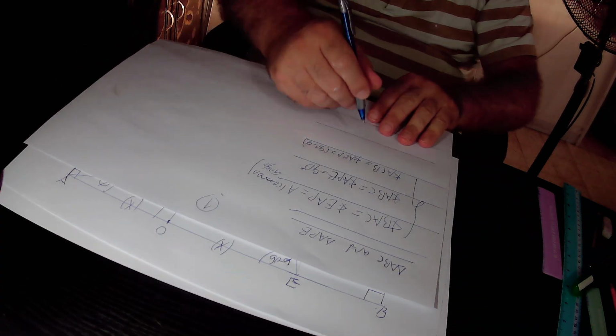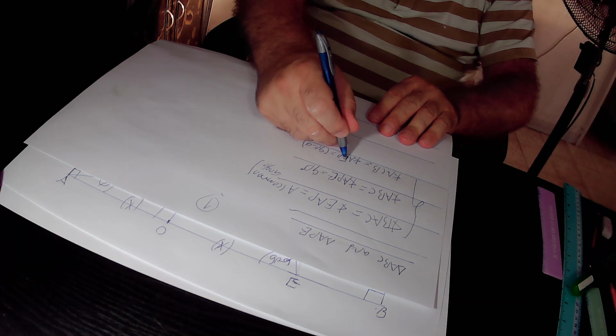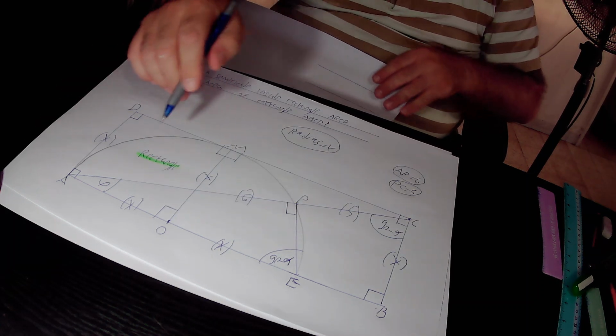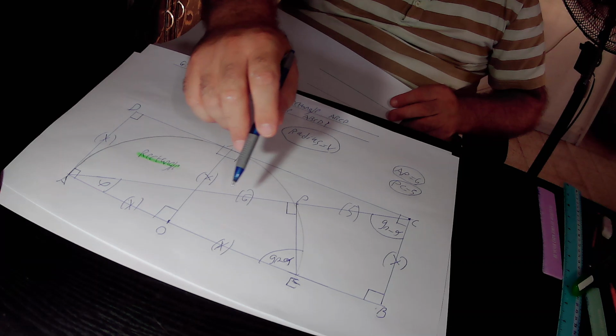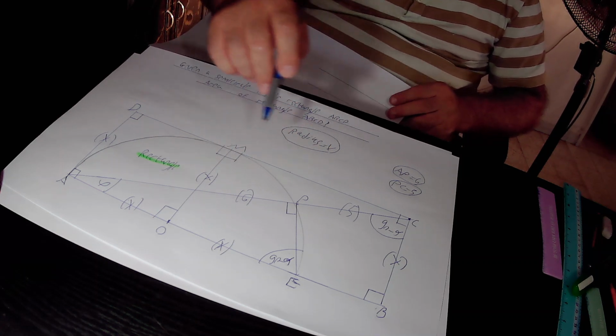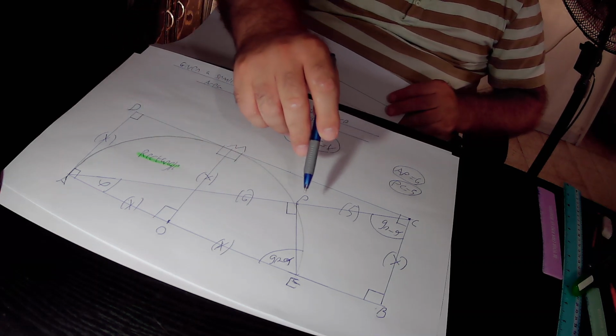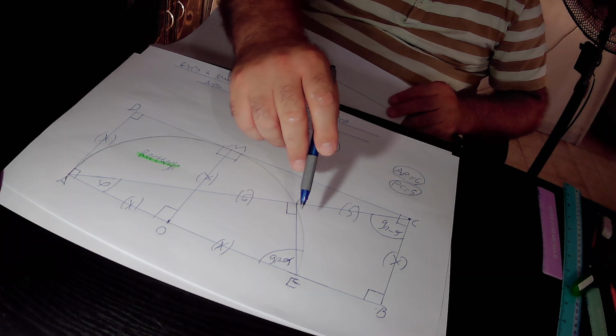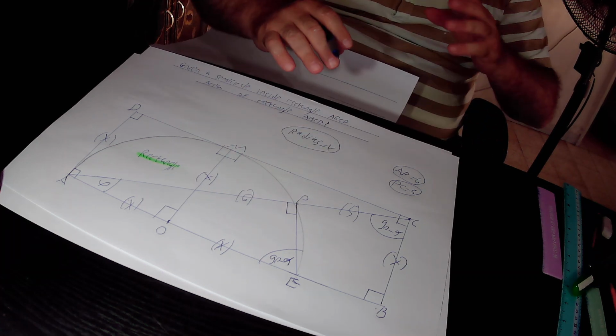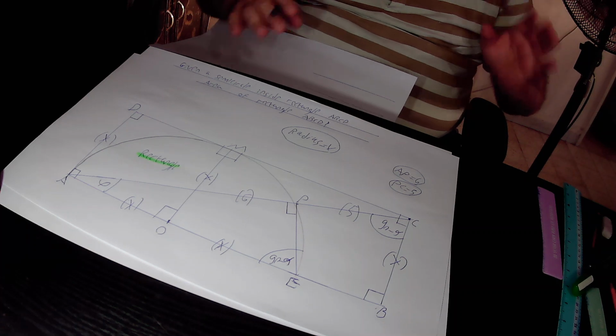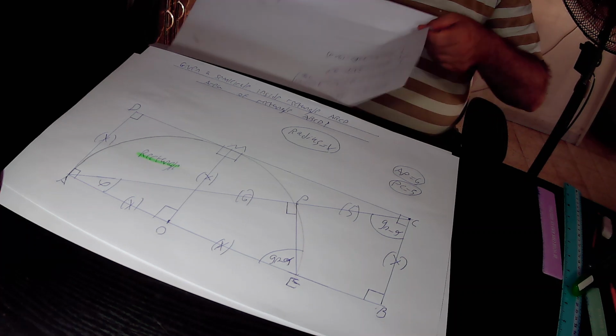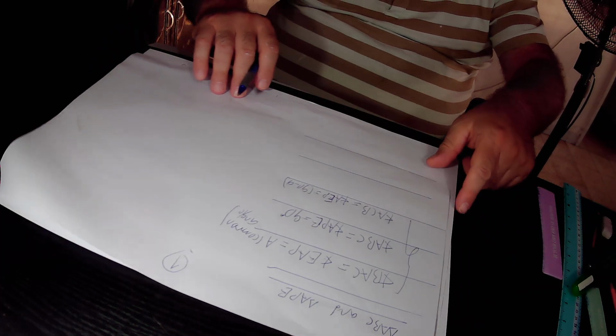So we actually proved that all the angles of this big right triangle ABC are correspondingly equal to all the angles of this right triangle APE. Therefore, those two right triangles are similar to each other according to angle similarity also. I write it down.